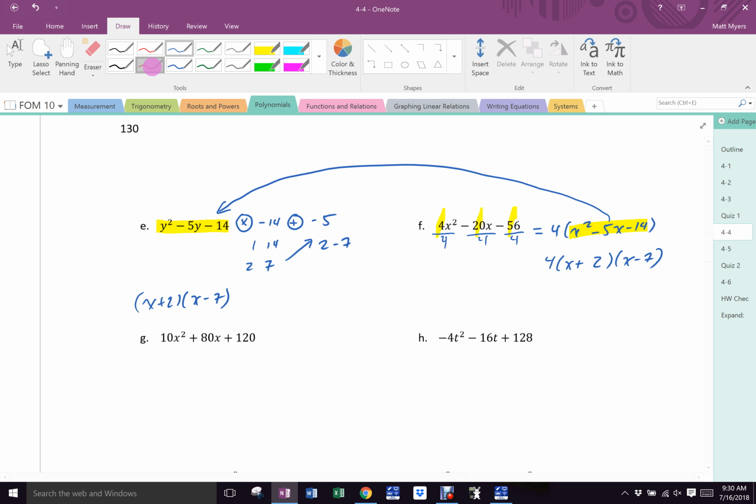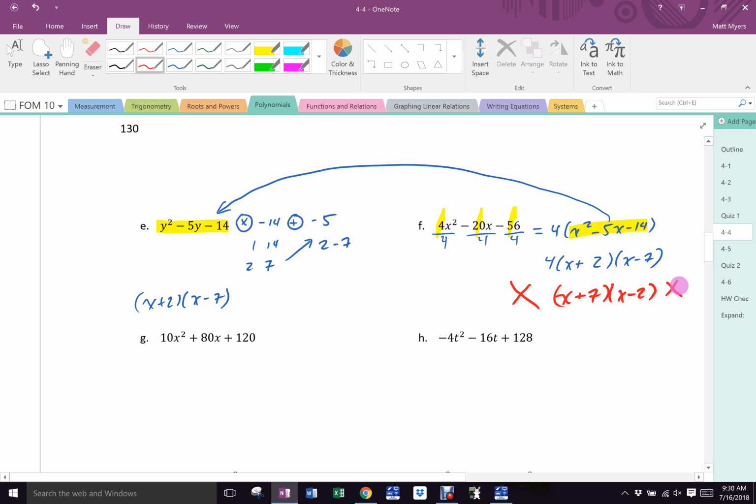I cannot put, this would be wrong, x plus 7 and x minus 2. Even though 7 times 2 will get me the negative 14 I need, 7 minus 2 gets me positive 5, not negative 5. So be mindful of that.